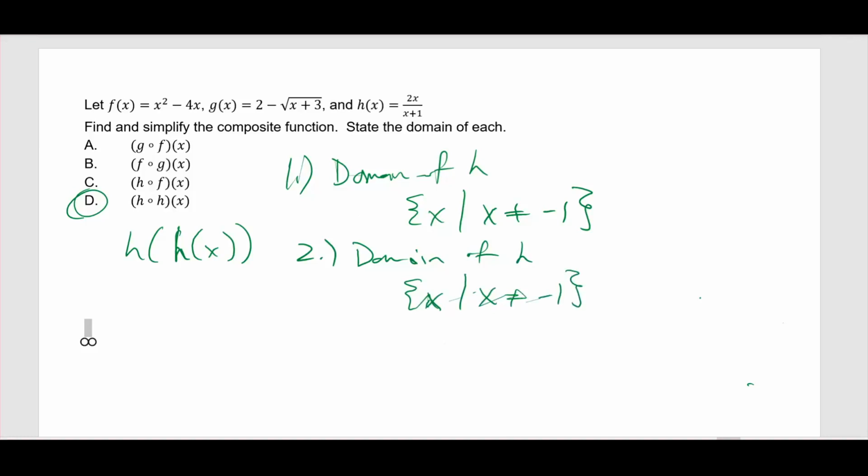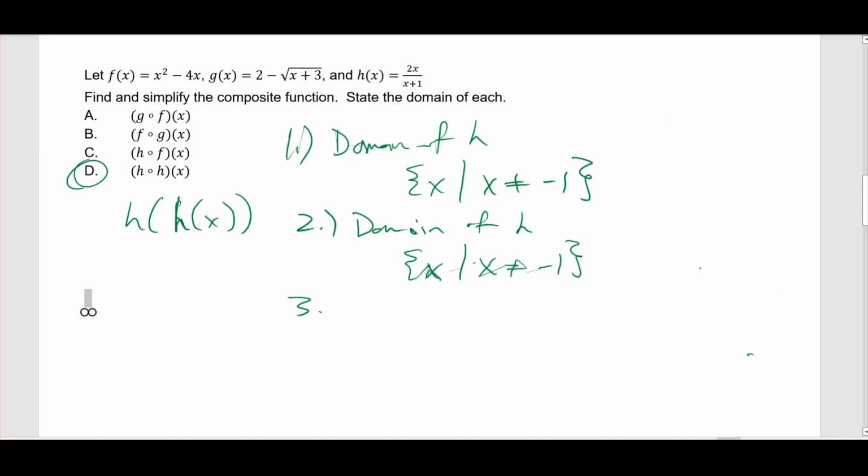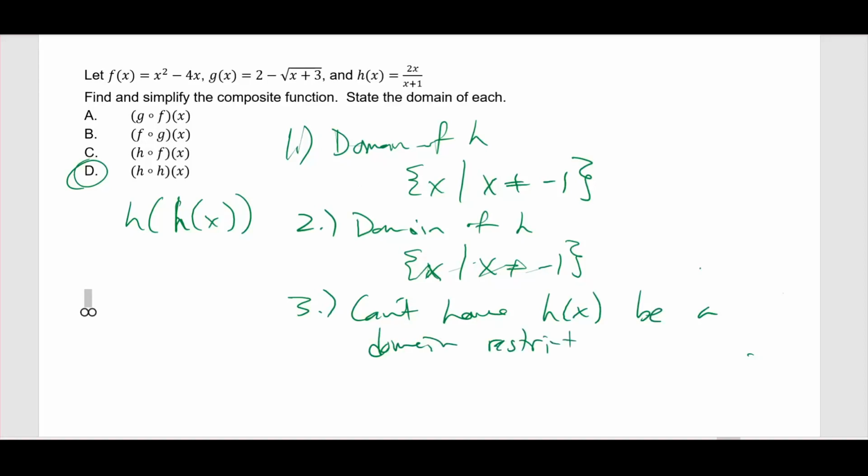Okay, so we started out with the domain of h, right? We can't have -1. And now, the third step, we cannot have h of x be a domain restriction from h. So what that says is that h of x cannot be -1.